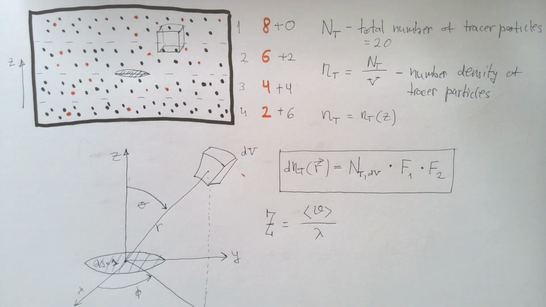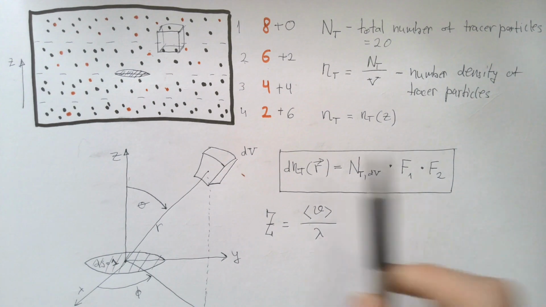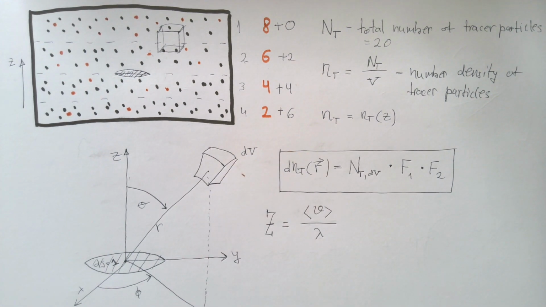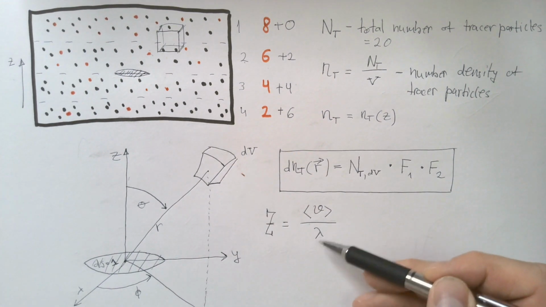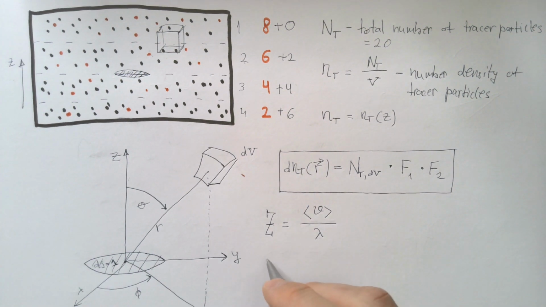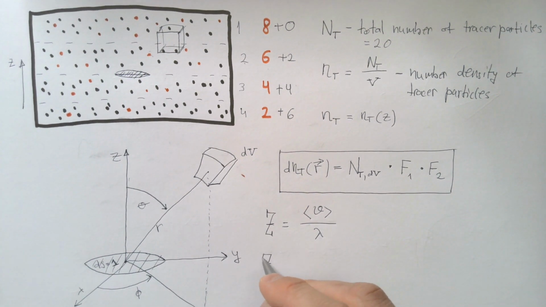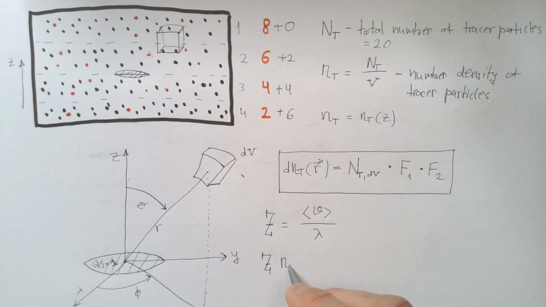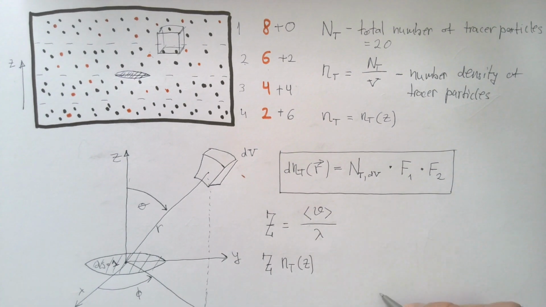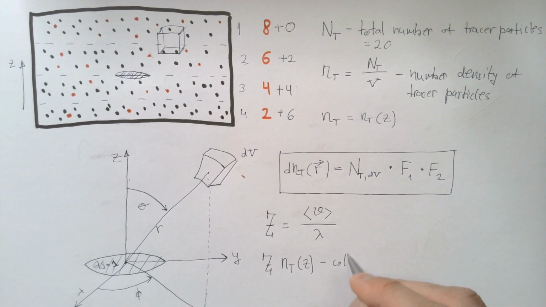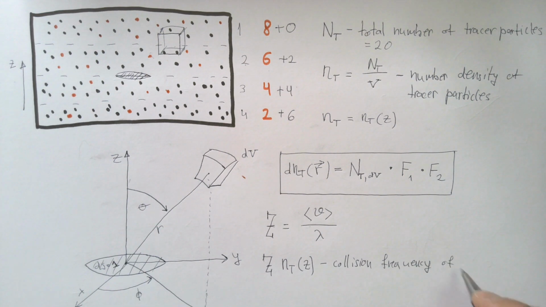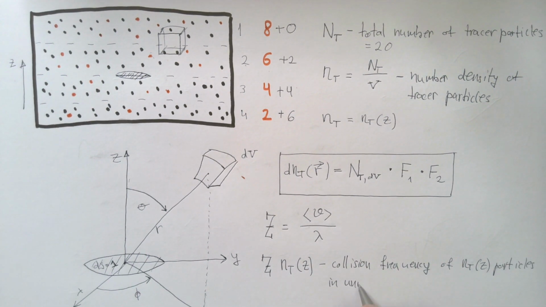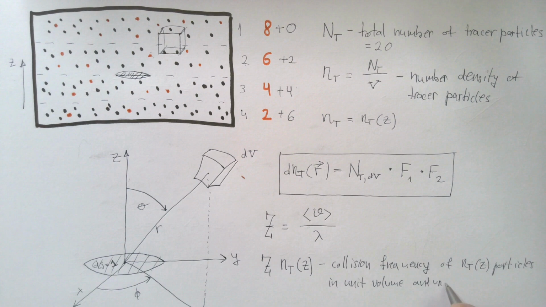Mean free path, of course, is the average distance an atom travels before colliding with another atom. Well, if this is collision frequency between two particles, then Z times nt, which is a function of z, is the collision frequency of nt of z particles in unit volume and unit time.